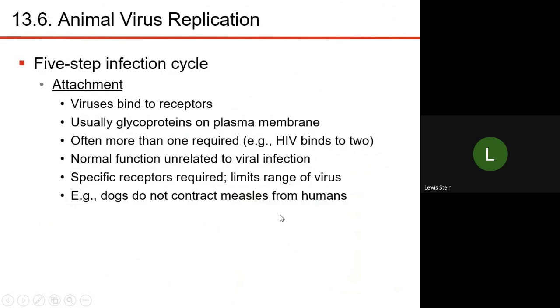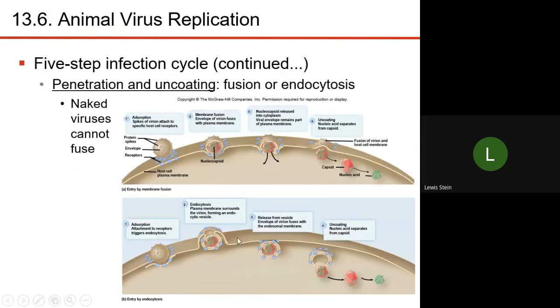When they talk about range, it's not geographic. Range of viruses is species. So influenza has a broad range. Rabies has a broad range. Measles is us. Limited range. And so this is the idea, the difference between naked and enveloped viruses. Naked viruses versus enveloped viruses.